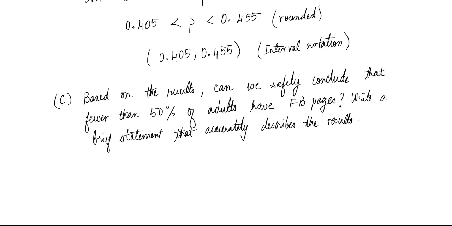So think about this. In part B, we got the confidence interval to give us 0.405 to 0.455.